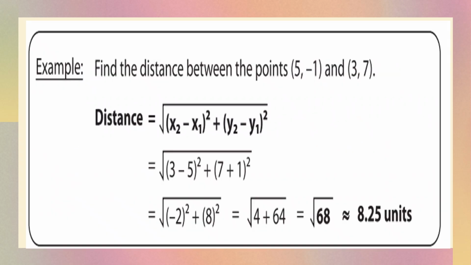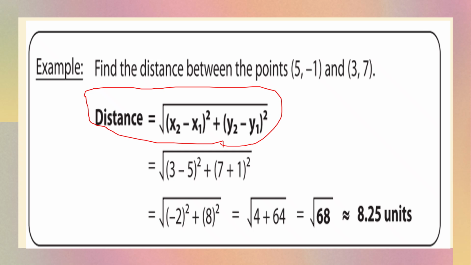Now, let's find the distance between the points 5, negative 1, and 3, 7. This time, we're going to deal with both the x and y coordinates. So we have the formula. Please take note, guys. The distance is equal to the square root of x2 minus x1 squared plus y2 minus y1 squared.